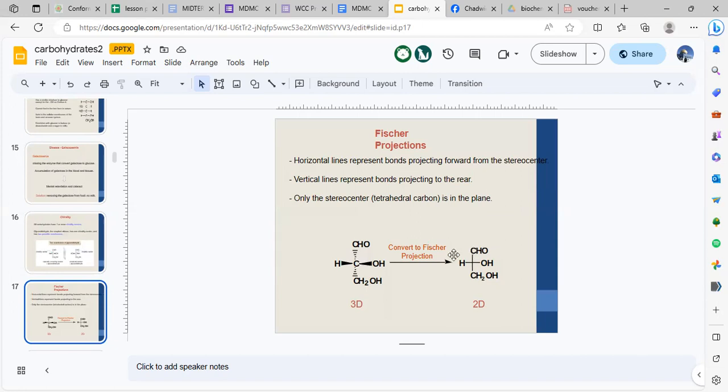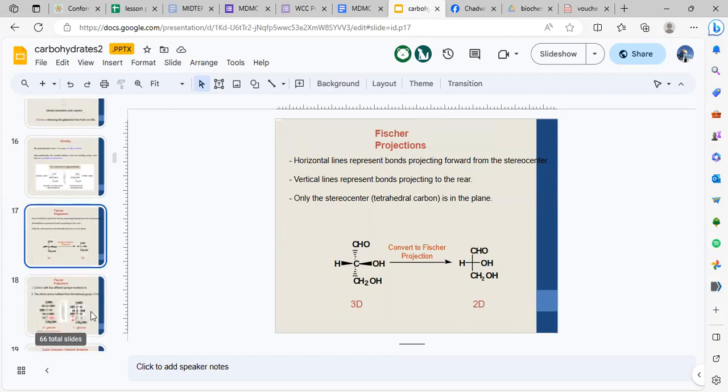When you convert it to a Fischer projection, you can more or less visualize the tetrahedral structure. Horizontal lines represent bonds projecting forward from the stereocenter, while vertical lines represent bonds projecting to the rear. So only the stereocenter is in the plane.